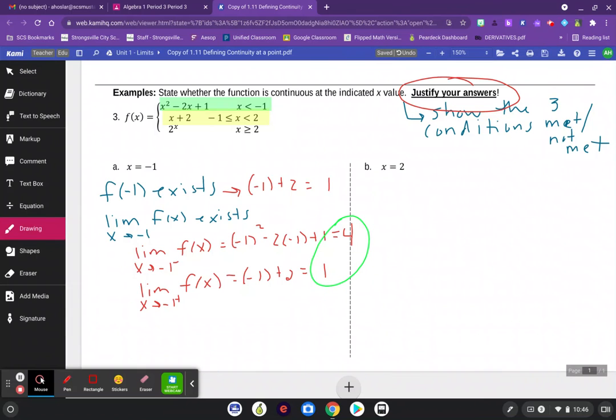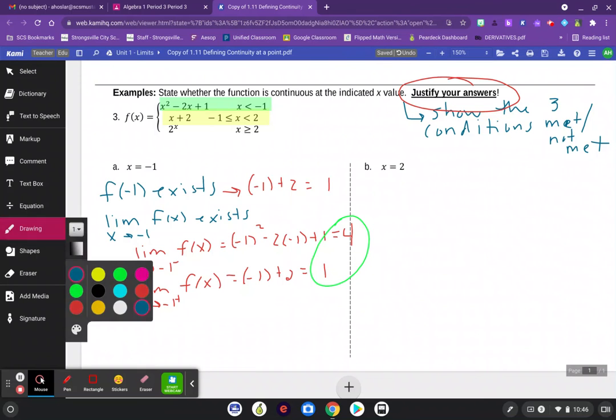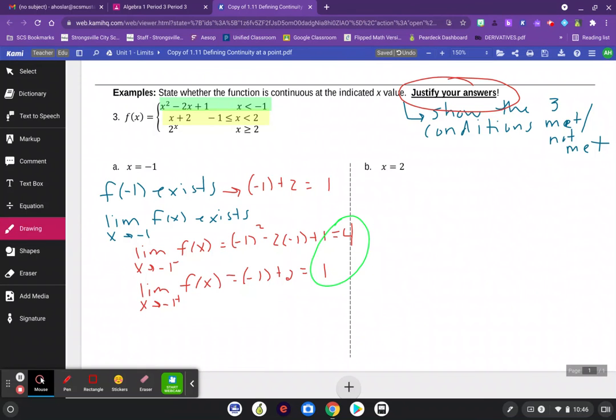So what I'm going to say is this. I'm going to say therefore. And in math, the symbol for therefore is these 3 dots that make up a triangle. Therefore, because mathematicians are lazy and we don't want to write everything out, therefore the limit as x approaches -1 overall for my function does not exist. And if that overall limit does not exist, then f of x is not continuous.